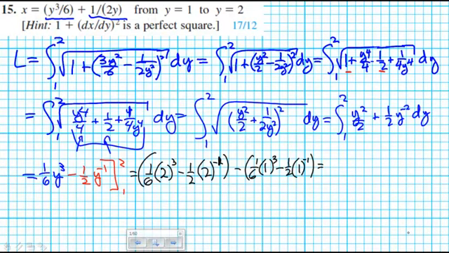So 2 cubed is 8. 8 divided by 6 is going to be 4/3. 2 to the -1 is 1/2. 1/2 times 1/2, that's going to be a -1/4. Over here, I'm going to get a -1/6. And then over here, I'm going to get a -1/2. Oh, I forgot to distribute the negative signs.